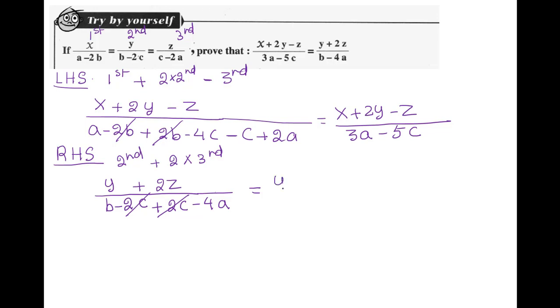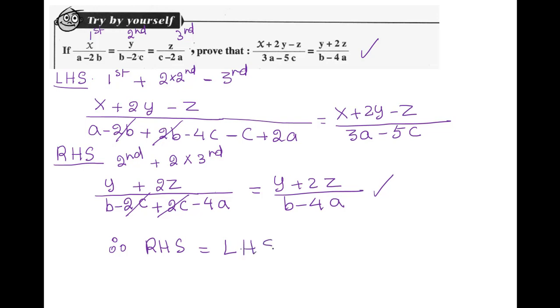It's going to give me y plus 2z over b minus 4a, which is like the right hand side. Therefore, the right hand side is equal to the left hand side. Thank you. I hope it was clear.